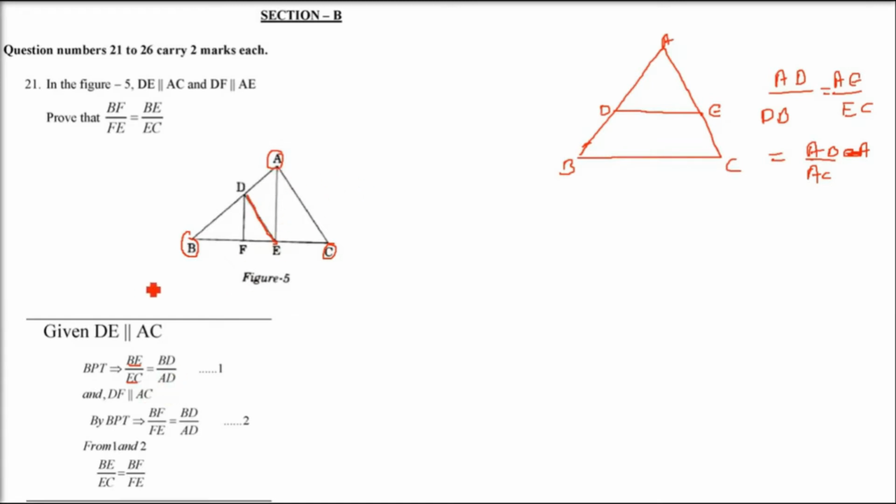This is the first one. Now we are taking triangle BAE. Here we have BF by FE equals BD by AD. Now in the first and second equation, BD by AD is common to both. So if they are equal, that means BE by EC equals BF by FE. And this is what we need to prove.